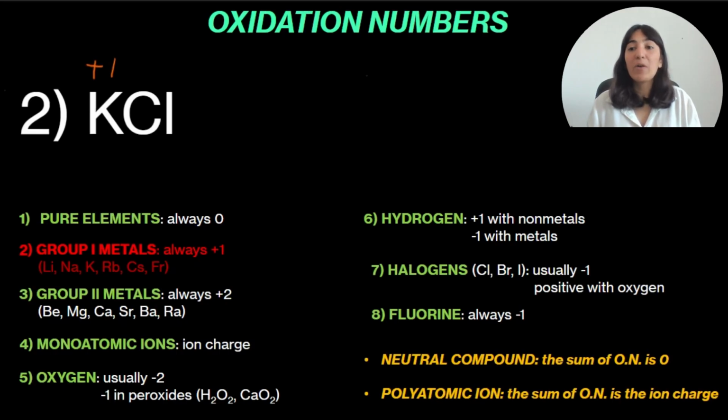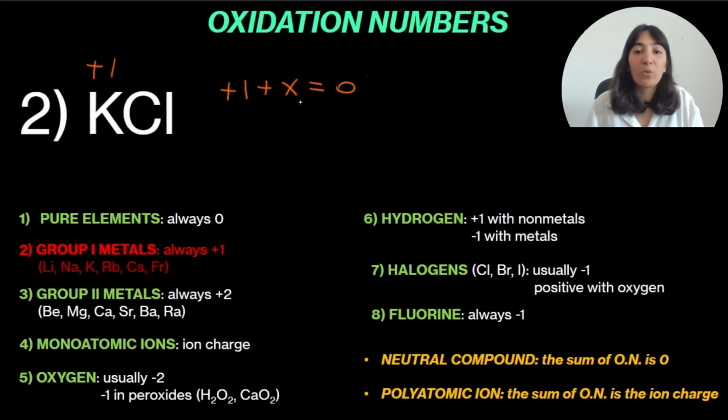And for doing that, we write an equation. We know that in a neutral compound, the sum of oxidation numbers is 0, and KCl is a neutral compound because it has no charges. This means that the oxidation number of potassium, which is +1, plus the oxidation number of chlorine that we have to find, and we write for that +x, equals 0.